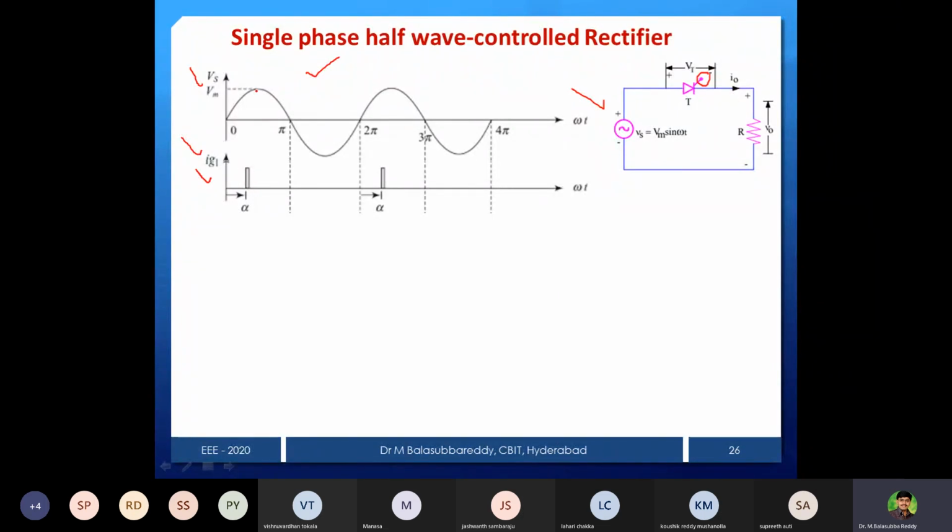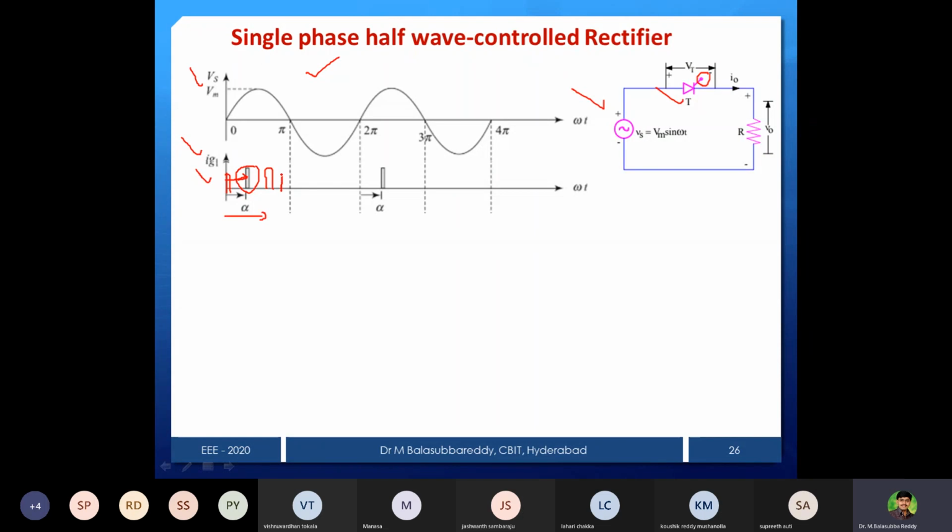So how many pulses for the positive half cycle only? This is forward bias. That's why wherever the positive half cycle is there, you need to provide the firing pulse at an angle of alpha. No need to provide only at this instant. You can start at this instant also, but whenever you want to fire the device, there you have to provide the pulse. Or if I still want to wait some more time because I want only less voltage, then you can give the firing pulse here.